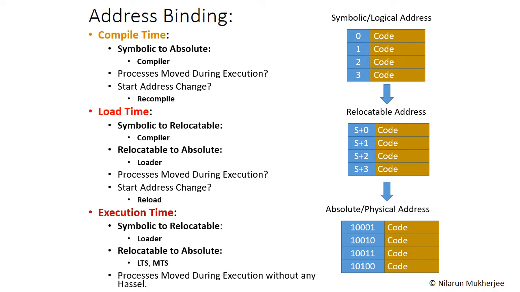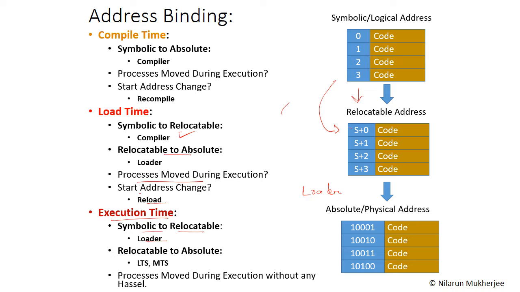In the load time address binding, the symbolic to relocatable mapping is done by the compiler, and relocatable to absolute address is done by the loader. So if the process moved during execution, we need to reload. And the execution time address binding, that is normally currently used, the symbolic to relocatable is done by the loader.